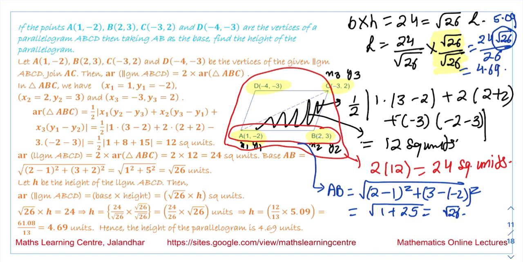It is not necessary to calculate this value because it is not given in the question, so you can leave the answer up to this place, 24 by 26 root 26. You simplify these terms, and the answer you will get is 12 by 13 root 26. So it is up to you whether you want to calculate this or not. But if in the question it is given that you have to write the answer up to 2 decimal places, or the value of root 26 is given in the question, then you must perform these calculations.